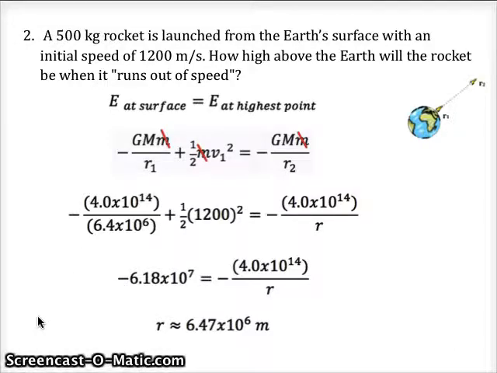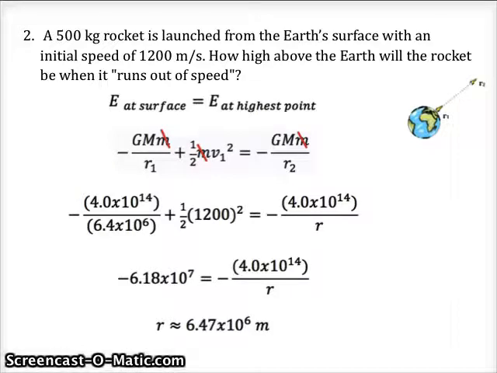That's kind of an interesting point that we'll talk about more, is that the total energy with this new version of potential energy is negative. All right, so as we work our way through this, we find that R is 6.47 times 10 to the sixth. It's actually not that much bigger than the radius of the Earth.